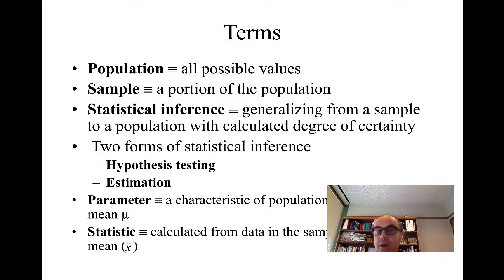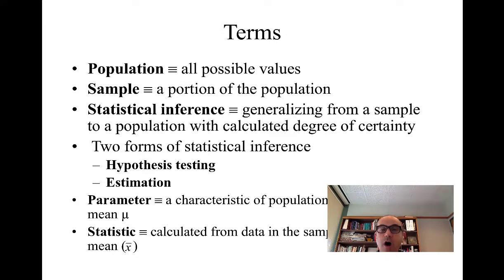The terminology that I'm going to use in this section is: the population is all possible values, the sample is the portion of the population, and statistical inference is the generalization from a sample to a population, calculated with a degree of certainty.